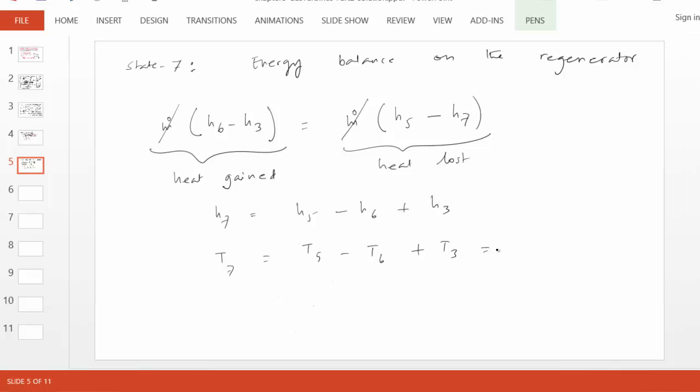Substituting this number, T5 is 776, T6 is 711, and T3 is 590. And that gives us a T7 of 655.